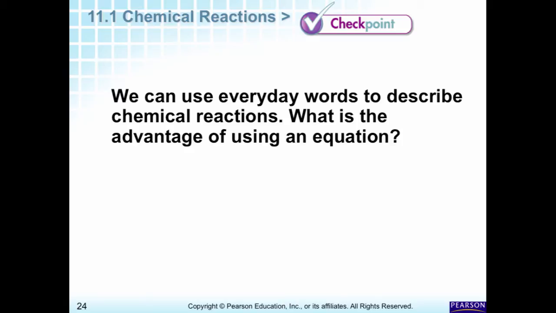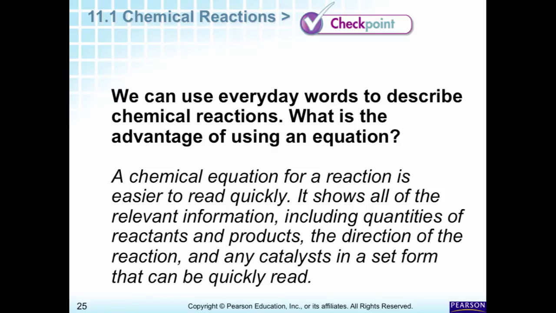What are some advantages of using an equation? Okay, we kind of talked about it. Let's pause for a second and think about that. A chemical equation for a reaction is much easier to read. It shows all the relevant information.